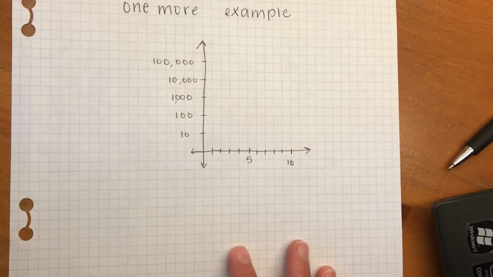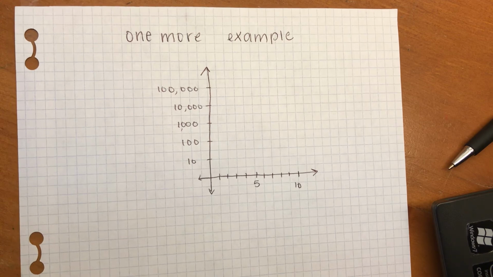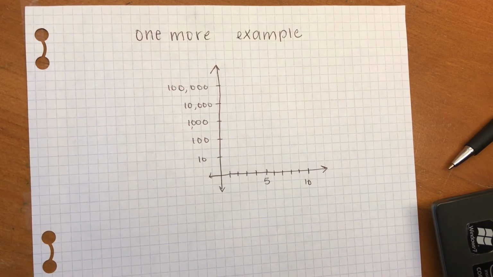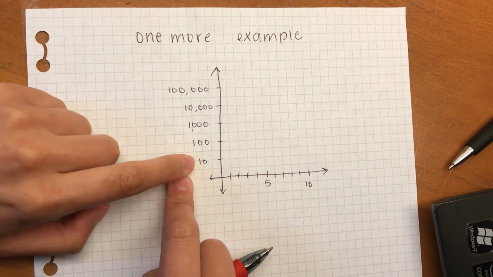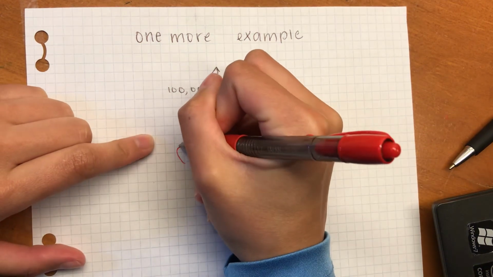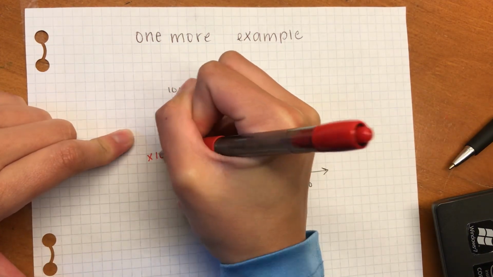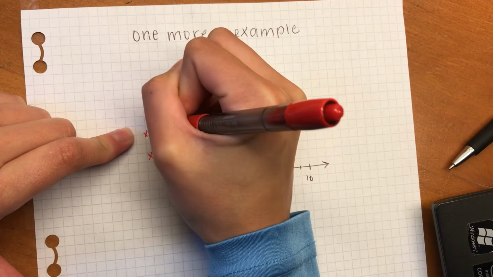We got one last example before we have our classwork. So this is another example of what I'm going to call a logarithmic scale. If you'll notice, each time I'm increasing on the y-axis, I'm multiplying by 10, right?